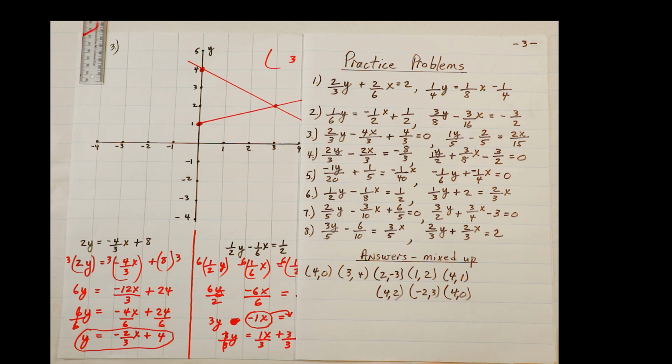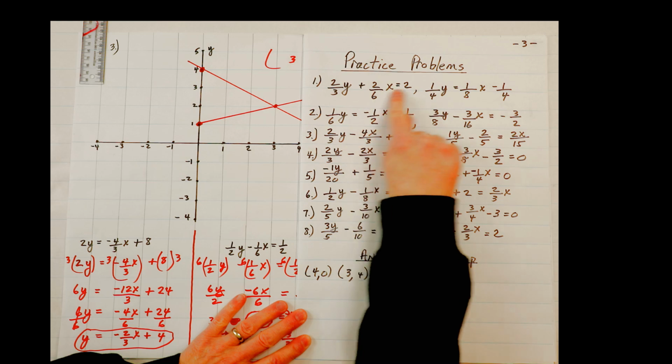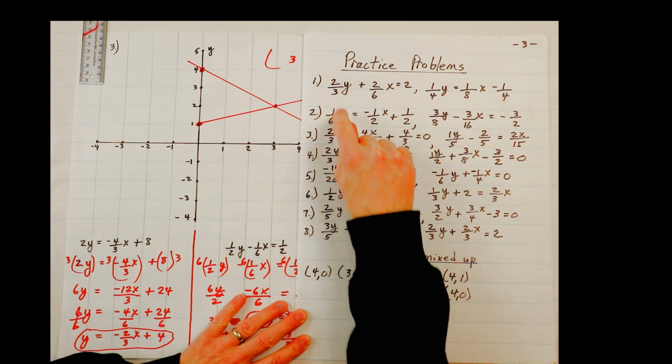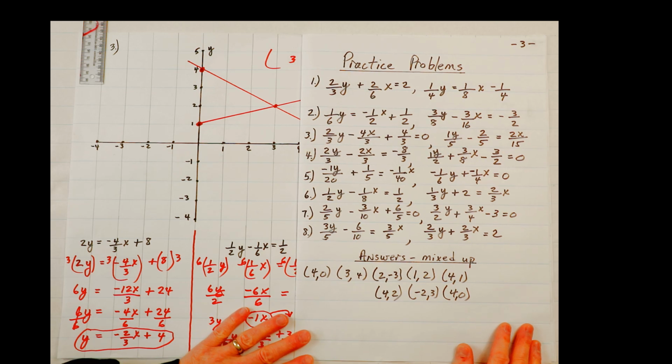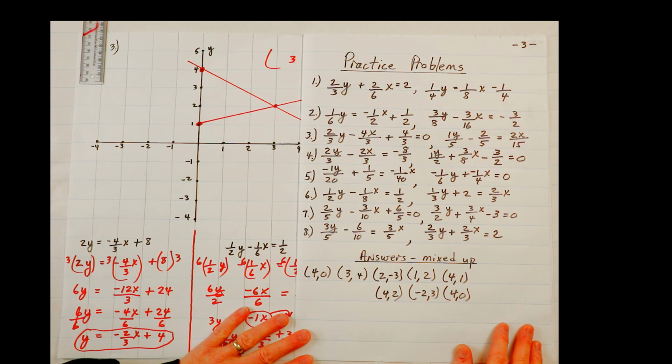So what I'd like you to do is stop the recording, take a picture of this with your phone, and then work these out. Use graph paper, 2 lines per graph, okay? So number 1, you don't put number 1 and number 2 and number 3 all on the same graph. It's just too cluttered. Just do it the way that I did it. That's the best way to do it.